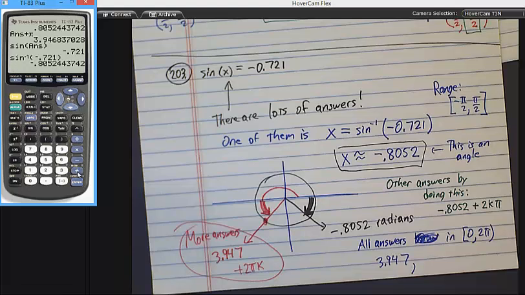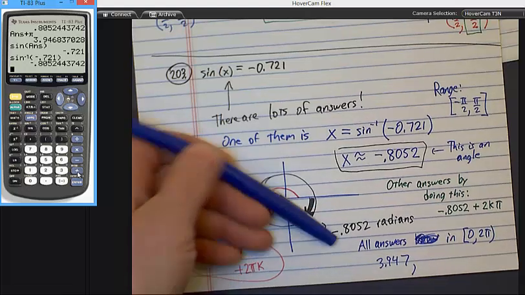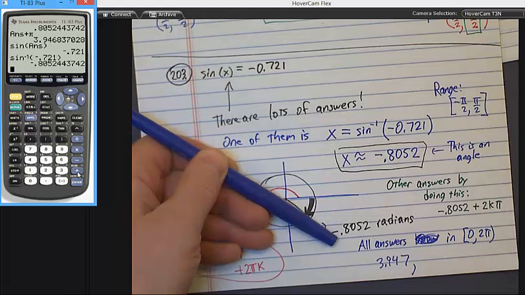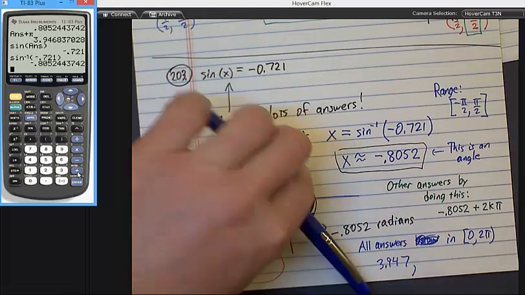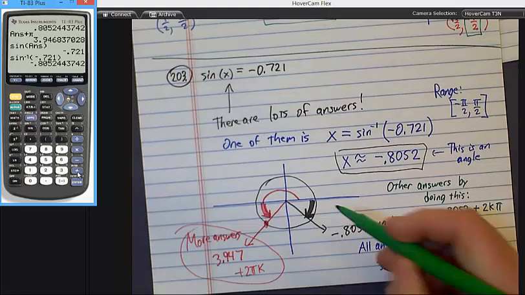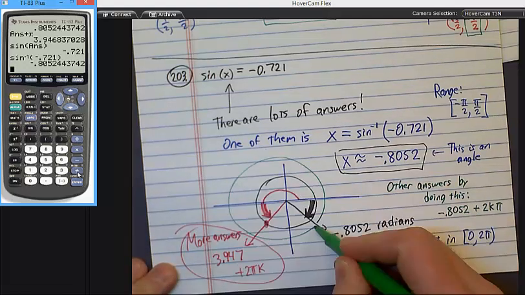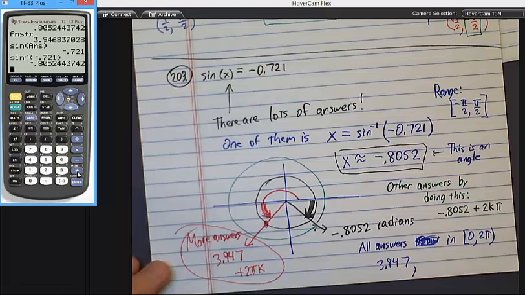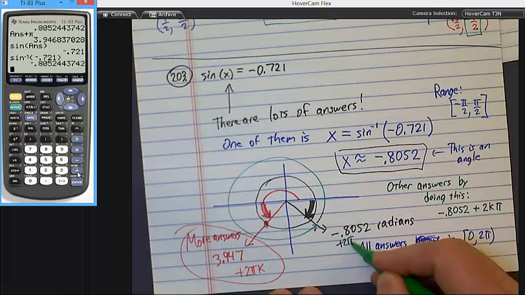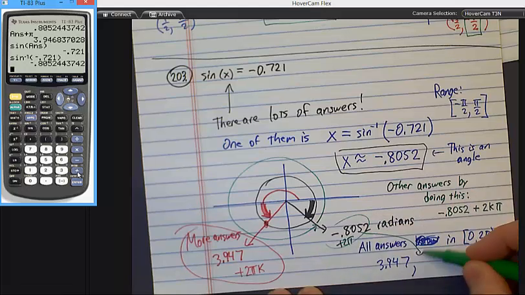Make it positive. See, because originally we got the black angle by rotating down. That made it negative. I don't want that. I want an angle between 0 and 2 pi. So now I'm going to add what? 2 pi to bring it back to somewhere between 0 and 2 pi. So we take that thing, we add 2 pi to it, and that'll give me the other answer that I'm looking for.